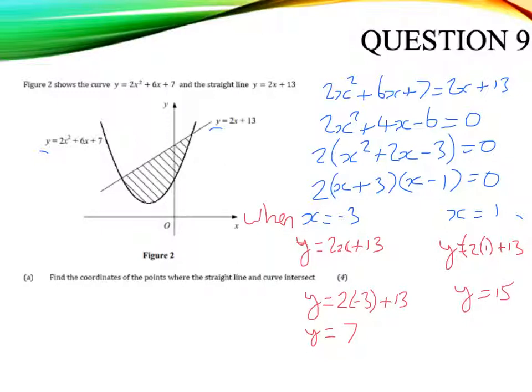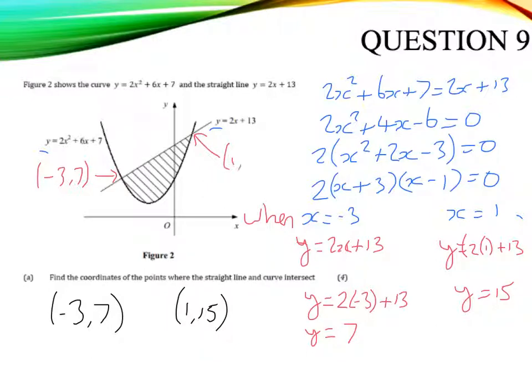So the two coordinates that I get are minus 3, 7, which must be this point here. So this is minus 3, 7. And the other coordinate that I get is 1, 15, which must be this point up here, 1, 15.